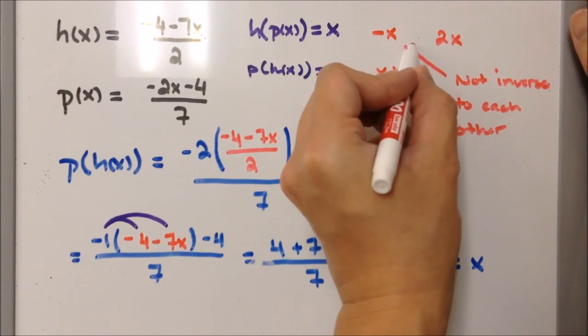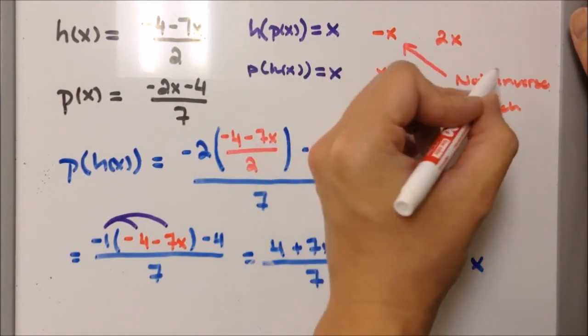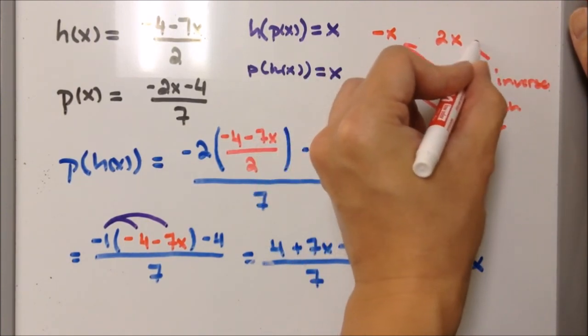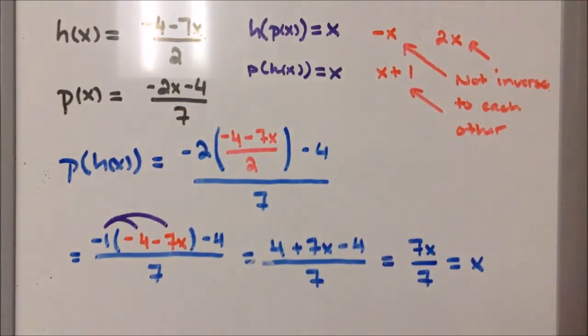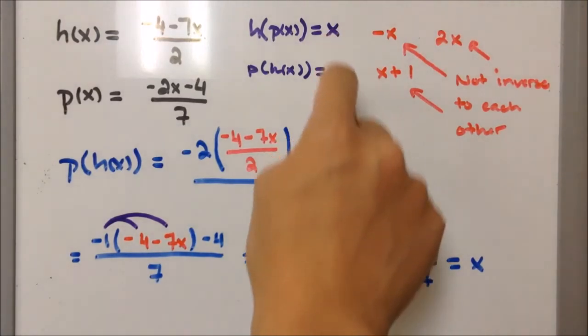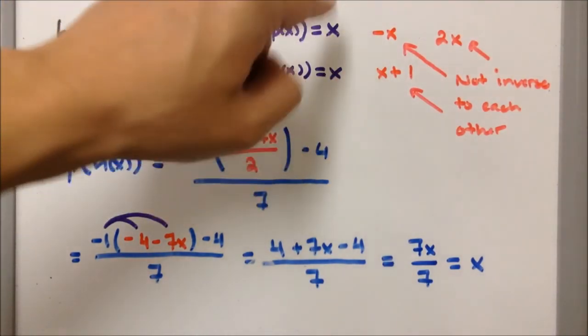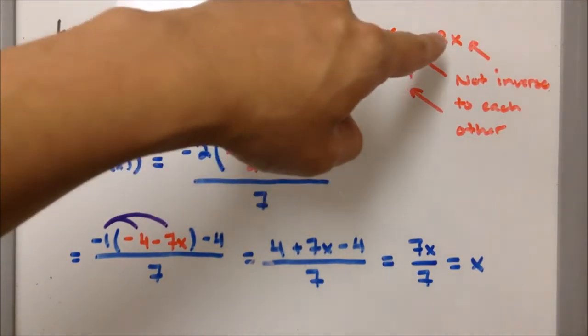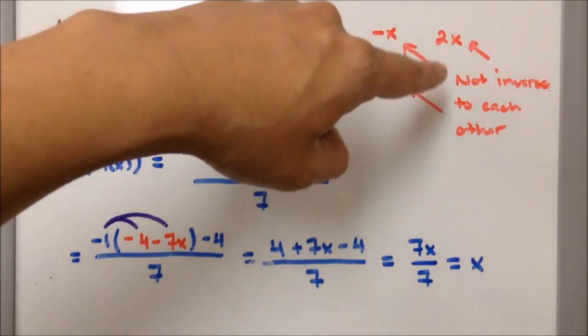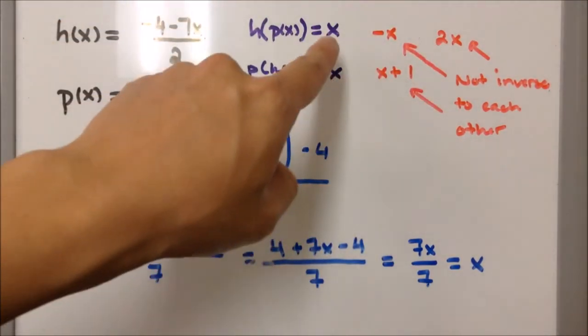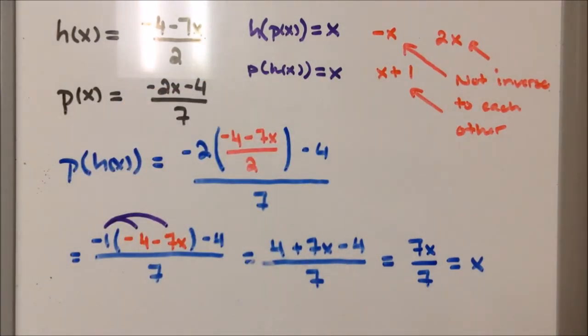If one of them or both of them have negative x, not inverse to each other. If something like 2x, still not inverse to each other. So again, they both have to equal a positive x. Alright? Not negative x, not x plus 1 or x plus 2 or x minus 1. Not 2x or negative 4x. It has to be a single positive x in order to be inverse to each other.